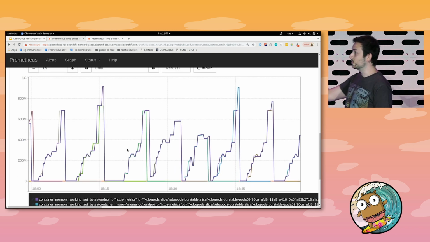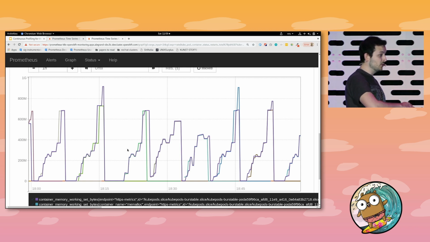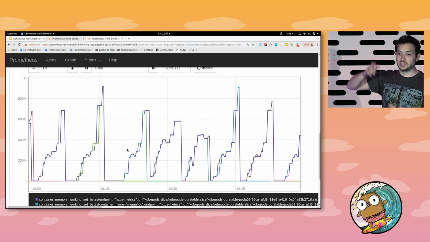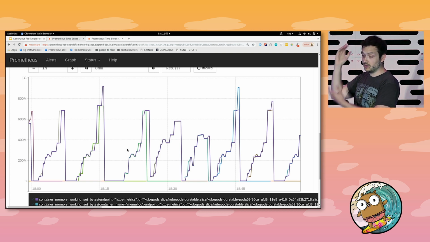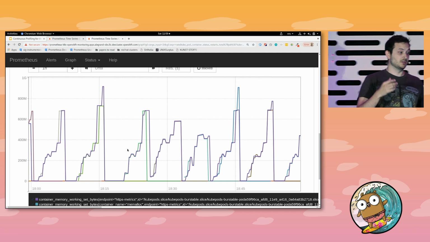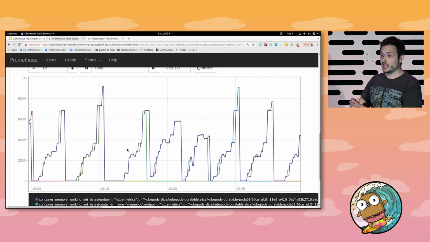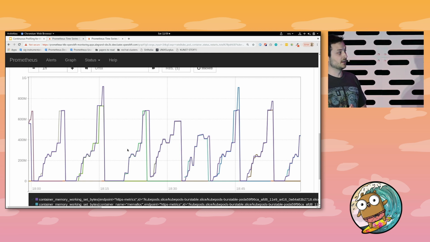This is a very typical graph for when you have a memory leak. Memory ramps up over time, and once it's hit that memory limit, the operating system kills the process, and the process gets restarted because that's what Kubernetes does, and everything happens all over again.